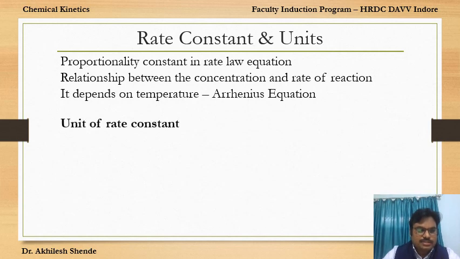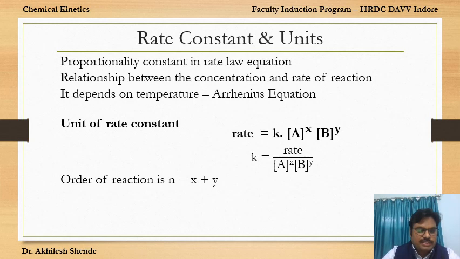Unit of rate constant. Rate is equal to K into concentration of A to the power of x and concentration of B to the power of y. When we rearrange this equation, we get K is equal to rate divided by concentration of A to the power of x and concentration of B to the power of y. Here, order of reaction is n is equal to x plus y.